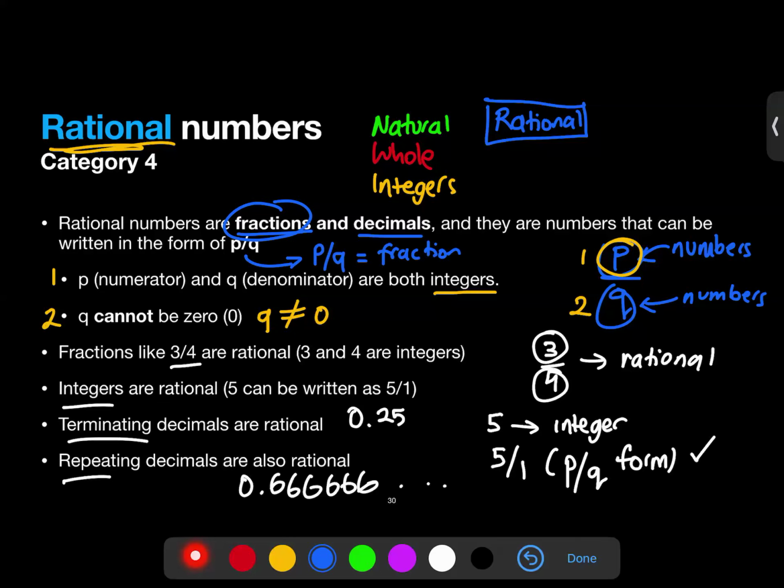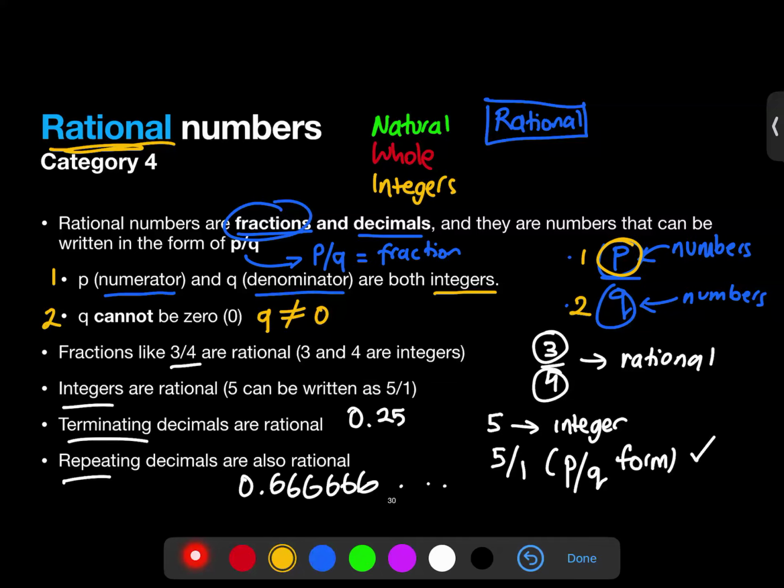So in order for a number to be a rational number, the numerator, the top of the fraction, and the bottom of the fraction, P and Q, both must be integers.